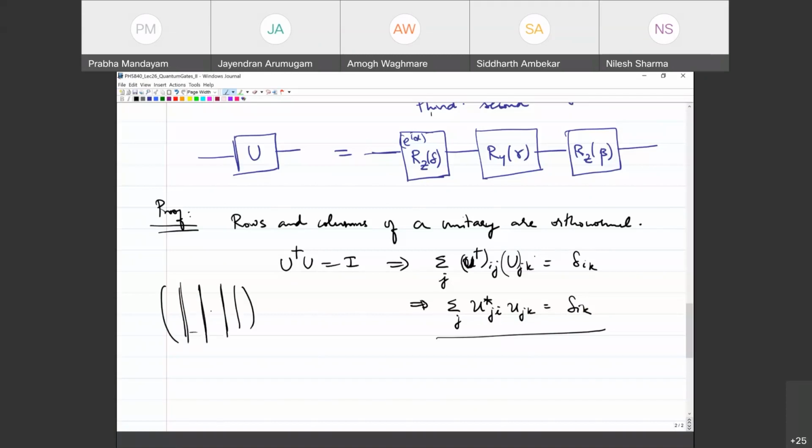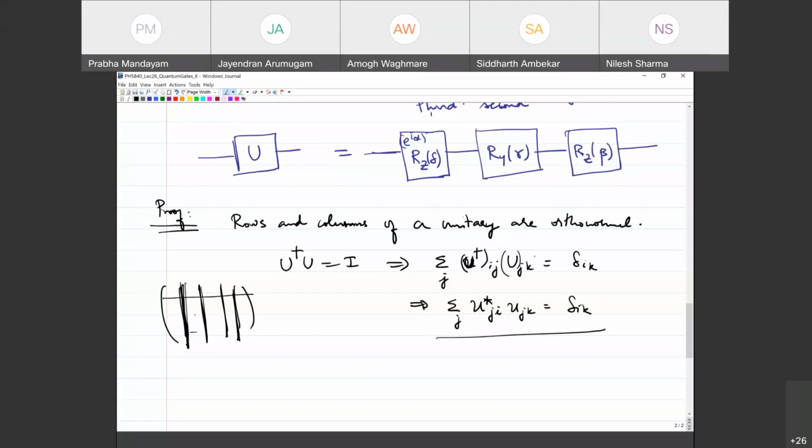These column vectors are mutually orthogonal. What is more, each of them by themselves, if I were to take the modulus squared of the elements, then it sums to 1, right? Those of you who are familiar with classical bistochastic matrices will find this property to be the same, right? That if you sum over the modulus squared of these entries, that must sum to 1, of each column, similarly for each row.